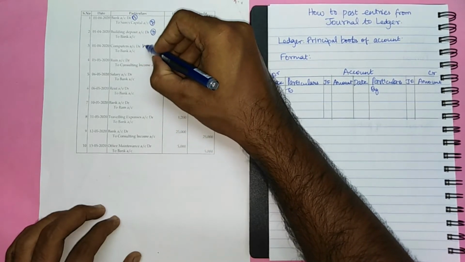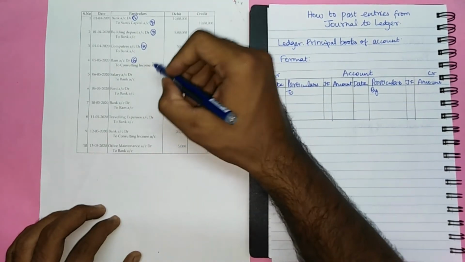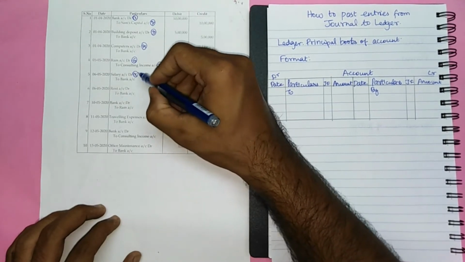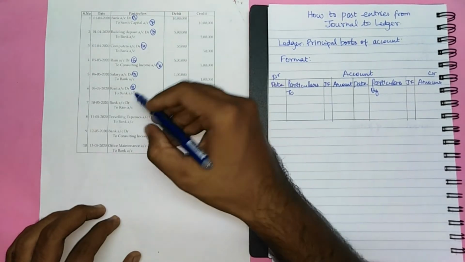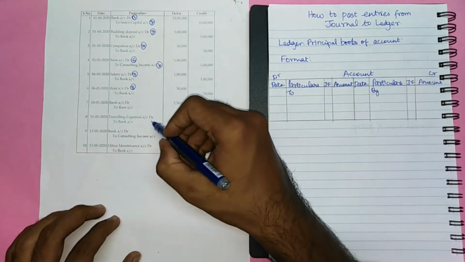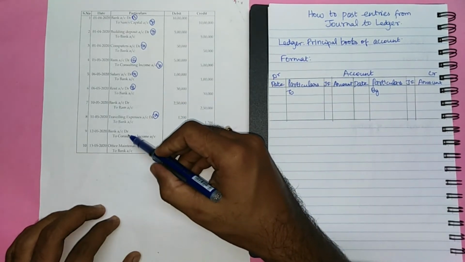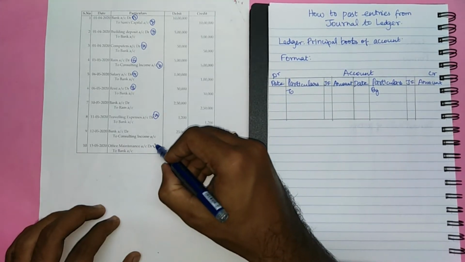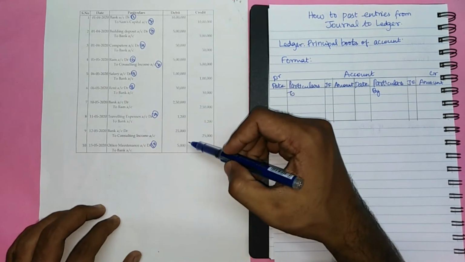Then computer number 4, RAM number 5, consulting income number 6, salary number 7, bank we have already considered. Then rent number 8, bank we have considered, RAM also we have considered. Then traveling expenses number 9, bank we have considered, again bank we have considered, consulting income we have considered, and office maintenance number 10. So in total we have 10 ledger accounts.